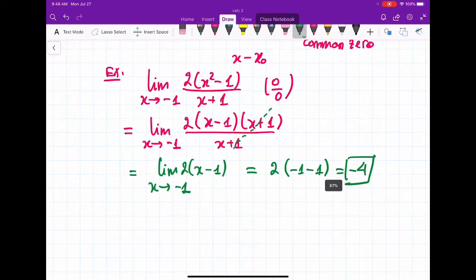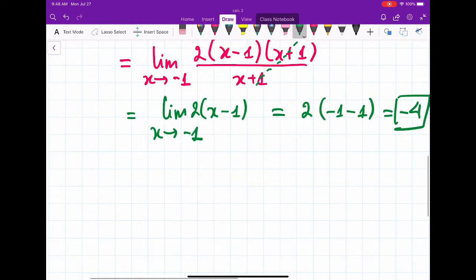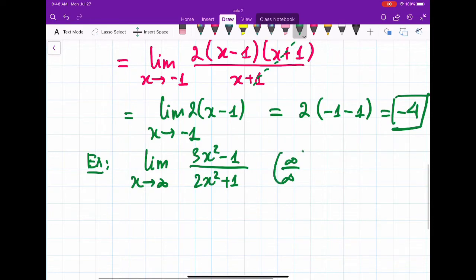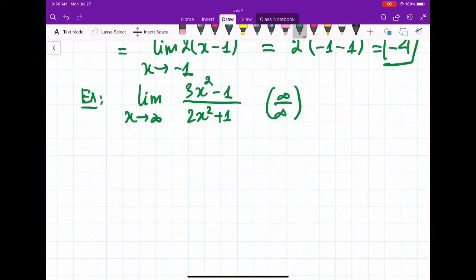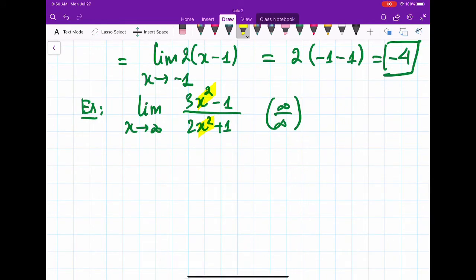Sometimes you have another one. If you have infinity over infinity like this, you consider the limit of 3x squared minus 1 over 2x squared plus 1, x approaches infinity. And of course, this is the form infinity over infinity. So how to solve such limits? I have x squared in here, x squared in here. In order to solve this, I just divide the top and the bottom by x squared.